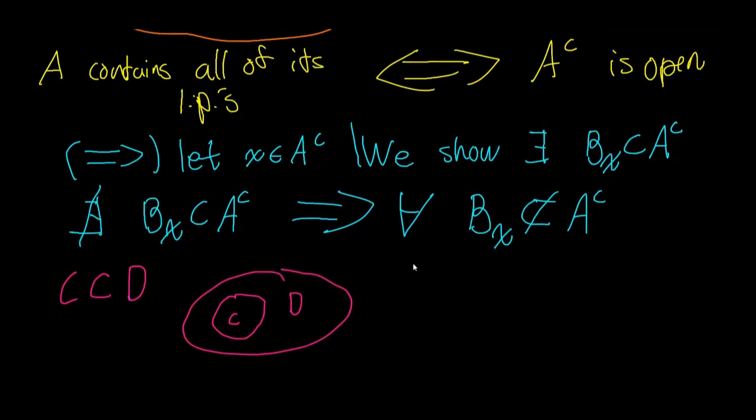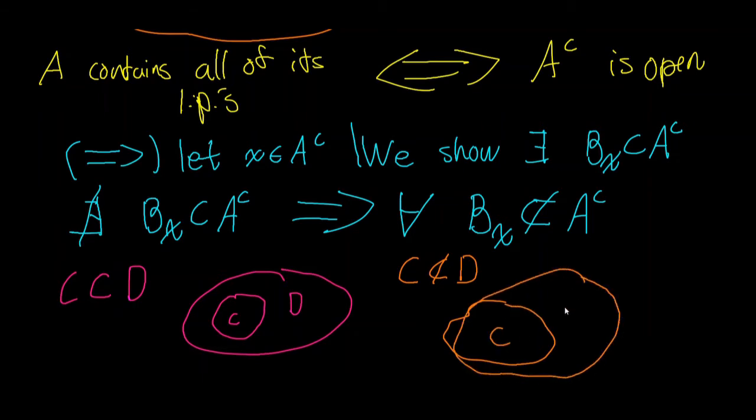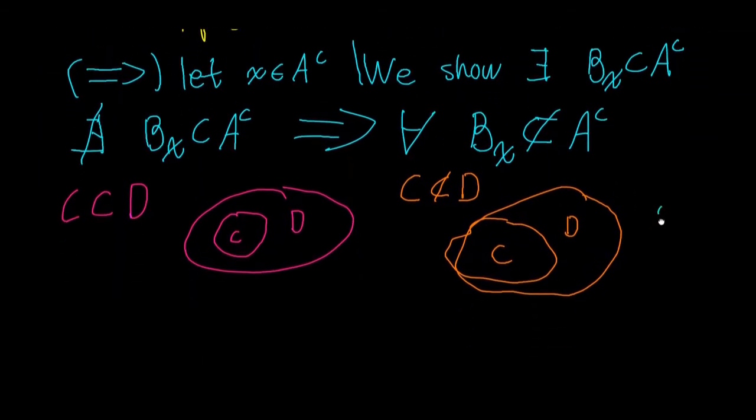So, if I want to say that some set C is not a subset of some set D, then that means that there must exist some point in C that's not also in D. Another way of saying this is not every point in C is also in D. So that means that if for every open ball centered at x, that open ball is not contained in the complement of A, we can say the following.